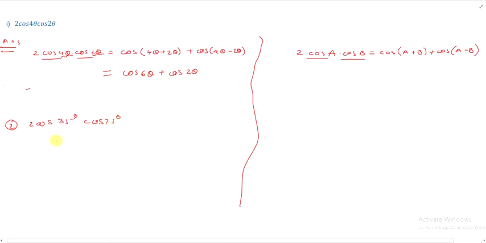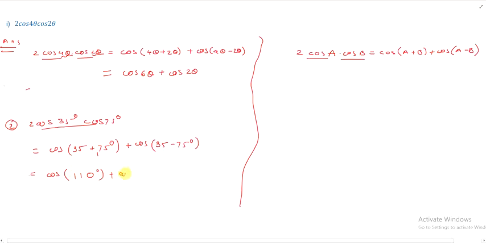Using the same steps, it is equal to cos (35 degree plus 75 degree), the product in terms of sum, plus cos (35 degree minus 75 degree). Now, cos (35 plus 75): 5 plus 5, 10, carry on 1; 7 plus 3, 10, 10 plus 1, 11.